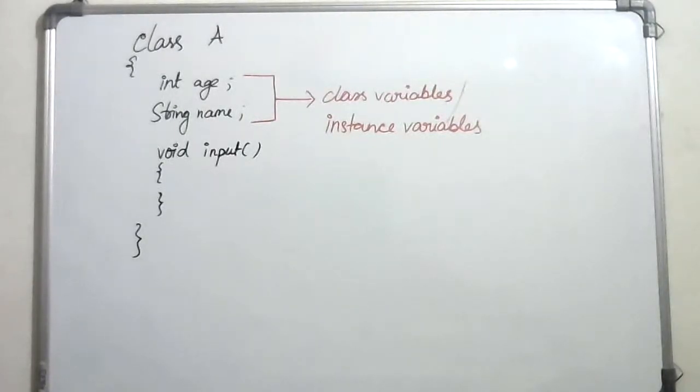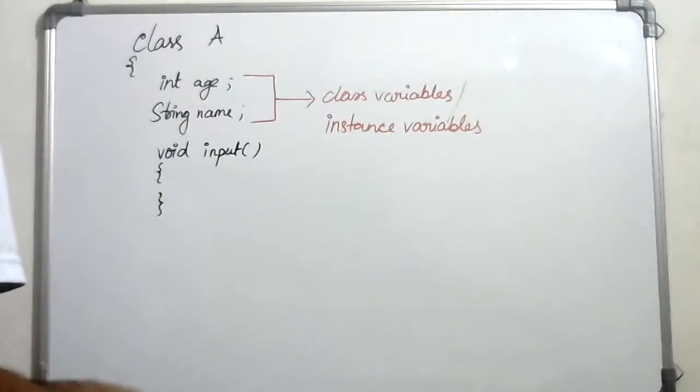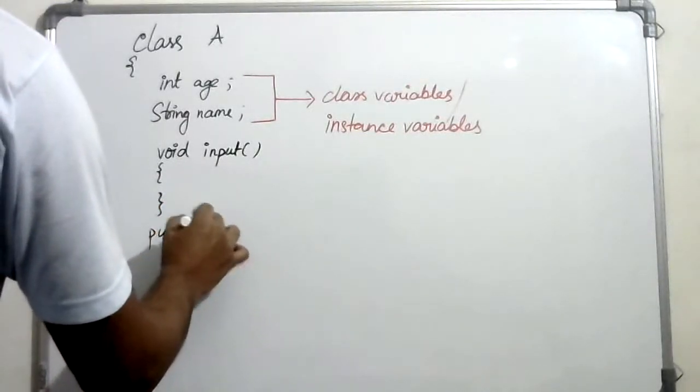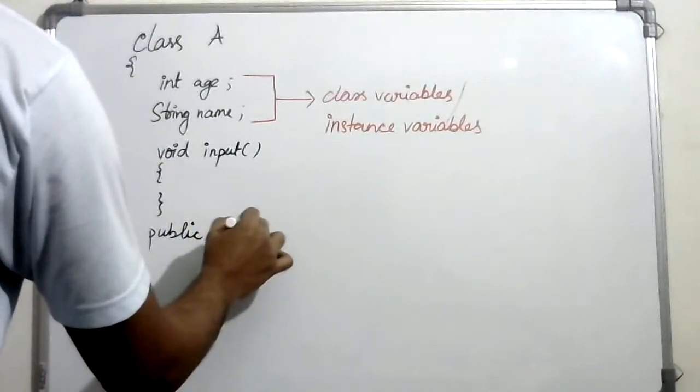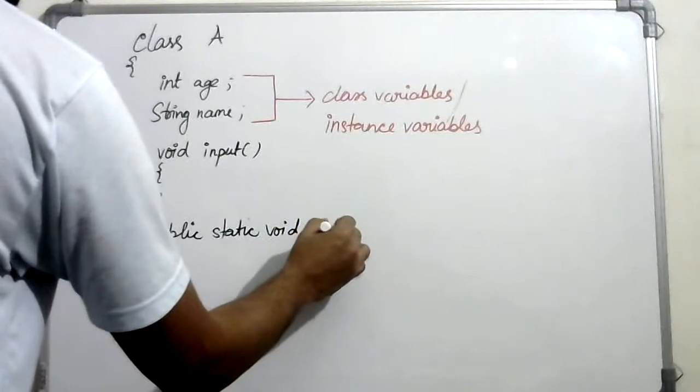So let's say I have the main method here, public static void main. I'm not writing the whole thing.